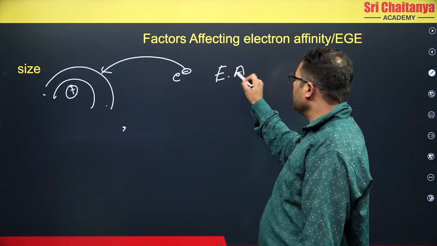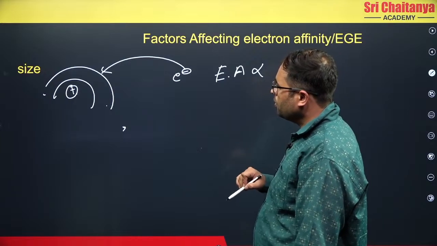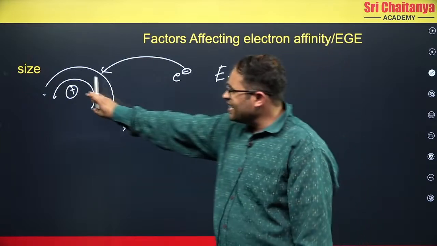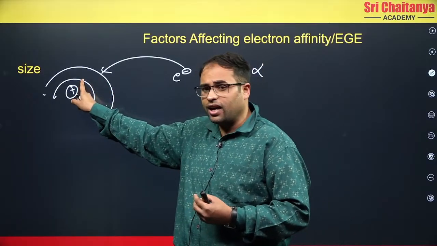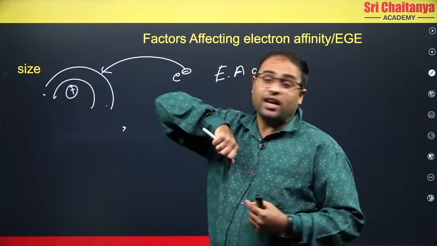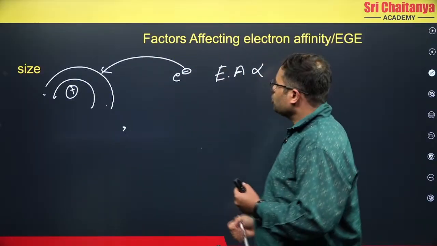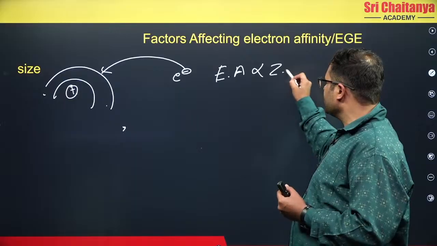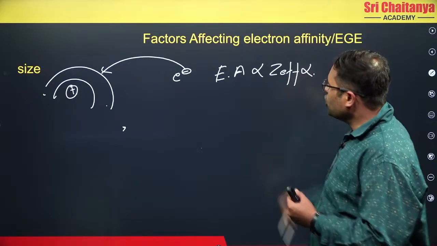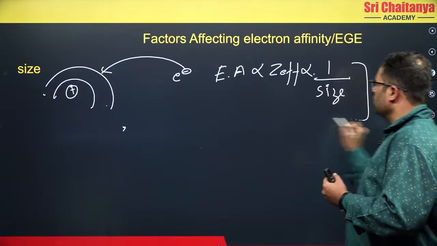So electron affinity is directly proportional to, if the size is less, the attraction is more. It will be much easier for you to add an electron because the nucleus is pulling from the opposite side. So electron affinity is directly proportional to Z effective, which is inversely proportional to the size.